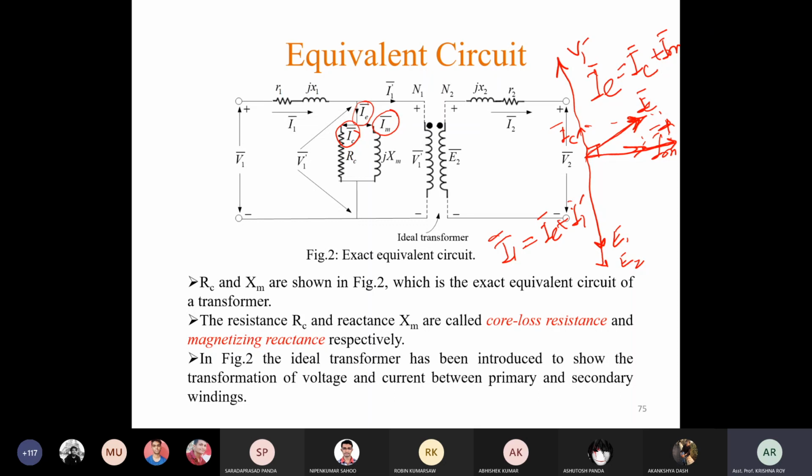This is also a phasor sum. So this IE is resolved into two components. Resolved means they are decomposed into two components. One is along phi, another is in quadrature with phi. That is why the angle is 90 degrees.